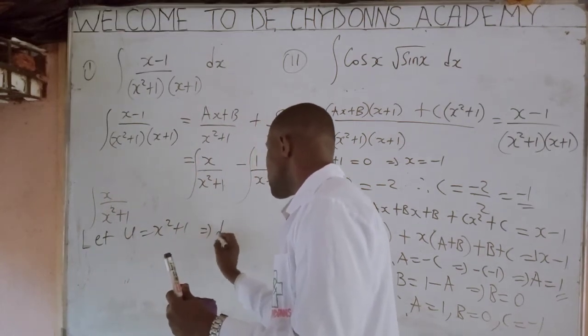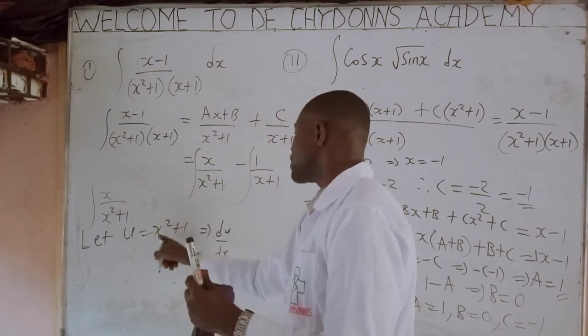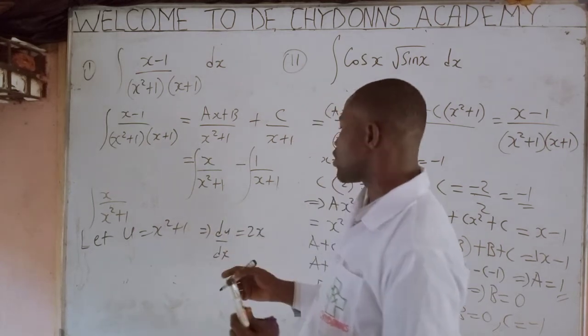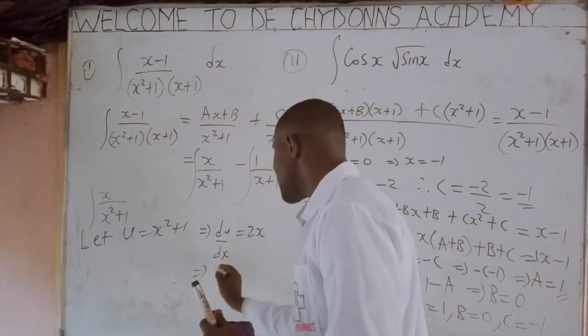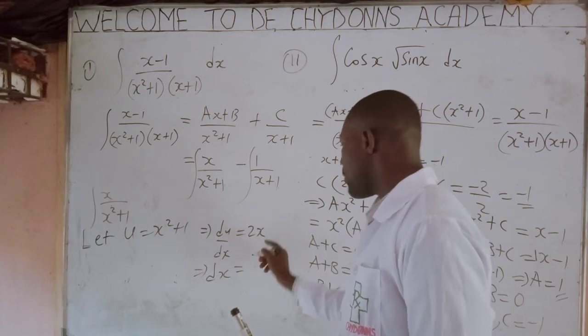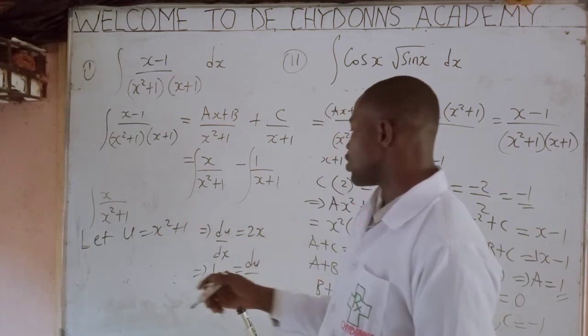That means du/dx means differentiate this. Differentiate x squared, it will give you 2x. Differentiate 1, it gives you 0. So that implies that if you make dx the subject of the formula, it will be dx equals du all over 2x, because 2x will go down.